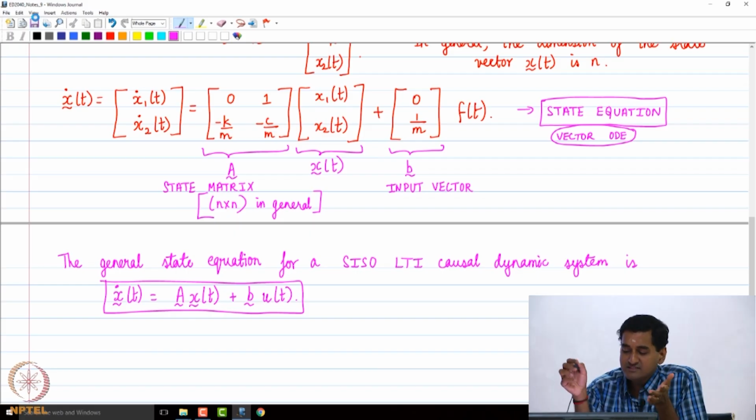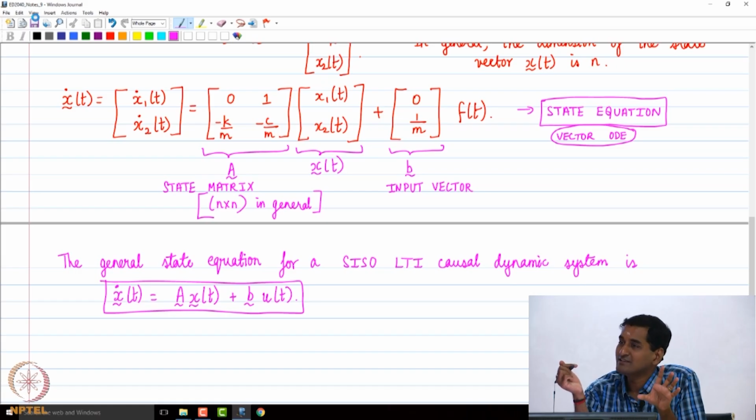Okay, so what does the state equation tell us, some points to note. Please note that first of all it is a vector ODE, but a first order vector ODE, right. And what does it tell me? It tells me how the state vector would evolve with respect to time, in relation to the input that we are providing to the system, because x dot of t is a time derivative of x that is related to the state vector itself and the input provided to the system.